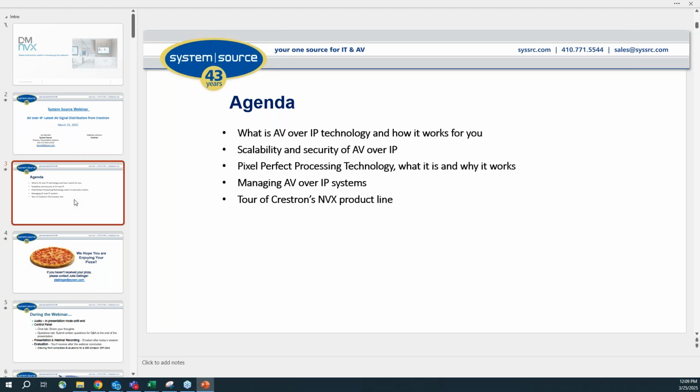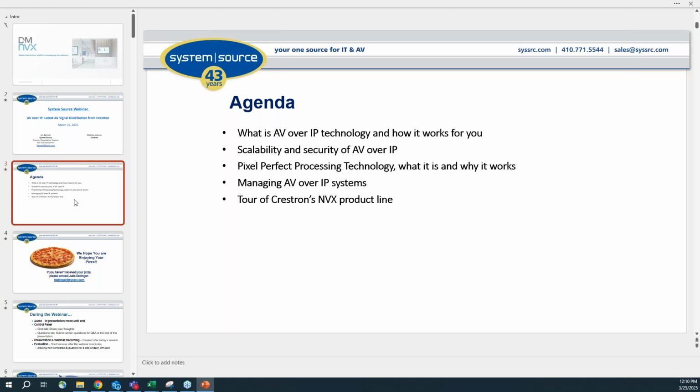The big difference is in the AV universe, we are sending a lot more downrange. We're burdening the systems even more. And this is why organizations like System Source will chime in and help navigate some of those network bottlenecks and burdens and things of that nature.